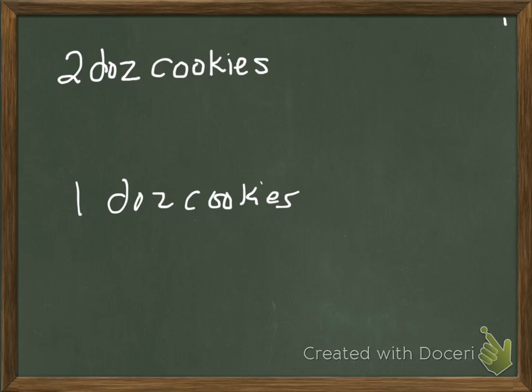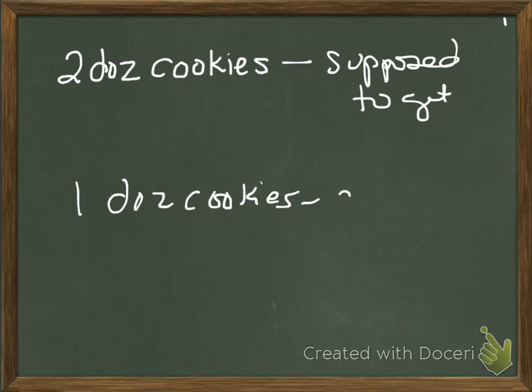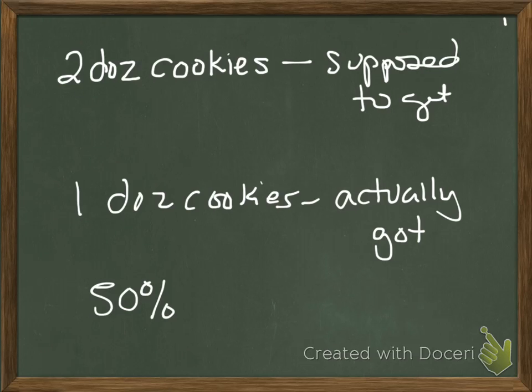We don't ask. What percent of the cookies you were supposed to get did you get? 50%. Okay, so this is what you were supposed to get. This is what you actually got. You got 50% of the cookies you should have.